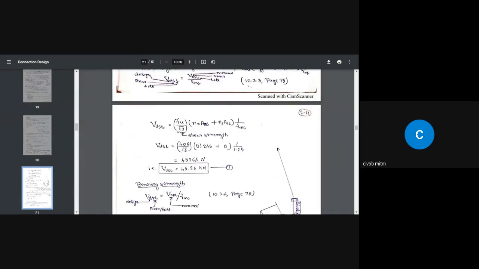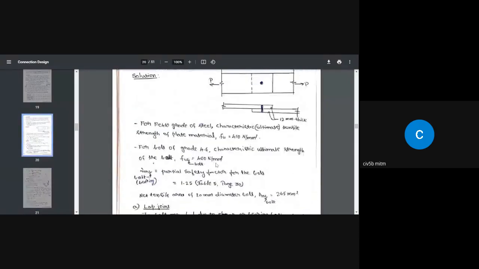That means the design value of the bolt in shear, or you can call that the bolt value in shear. Okay, that is one way it can fail. If the bolt fails due to shear, it fails at the value equal to 45.26 kilonewton. So there is another way a bolt can fail.